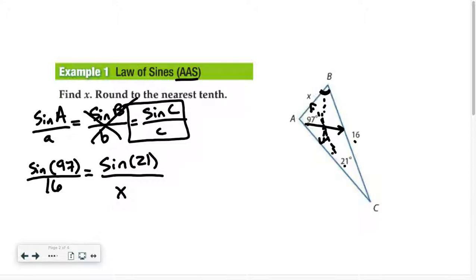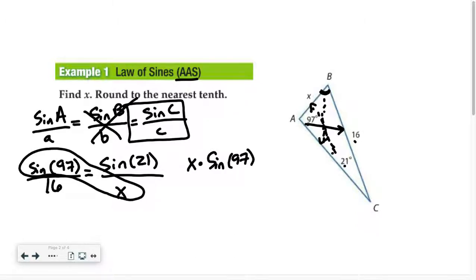Well, we can just cross multiply and then solve this proportion. Cross multiplying, you would get x times sine of 97 equals 16 times sine of 21.